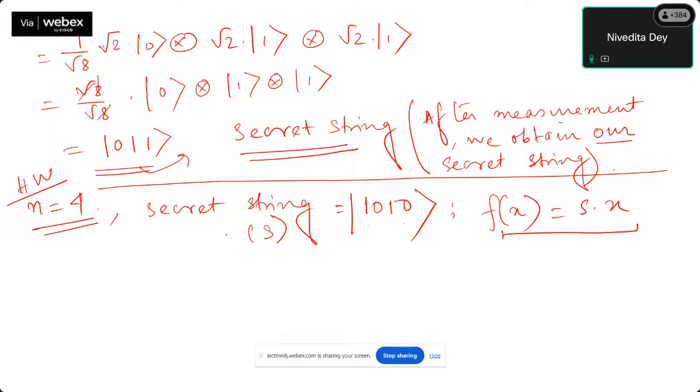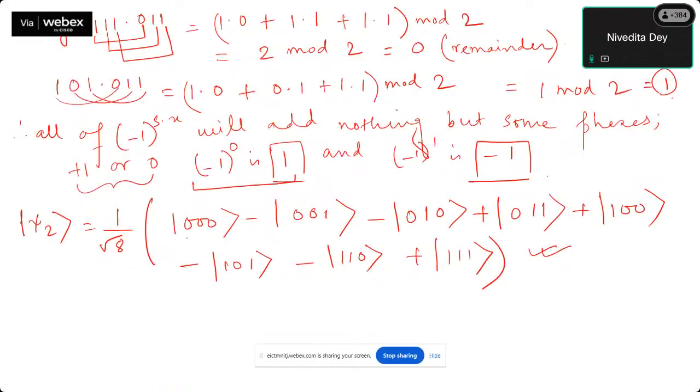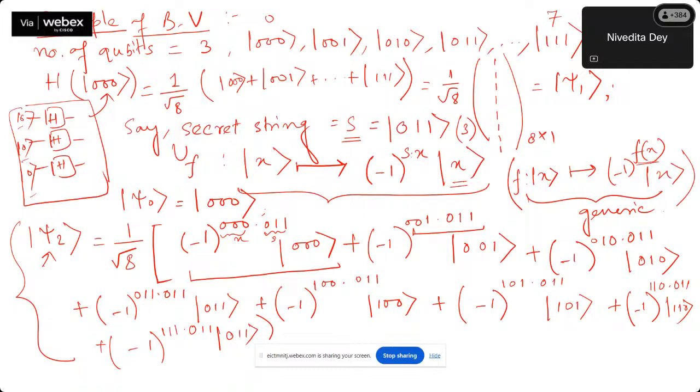And just remember one thing here, x will be 1 over root over 16, which is 1 by 4. So it's always 1 by root over the number of states, the maximum number of states that you can have. That is why for this one, we have taken 1 by root 8, because 8 is the number of states that you can have if you have the number of qubits as 3.